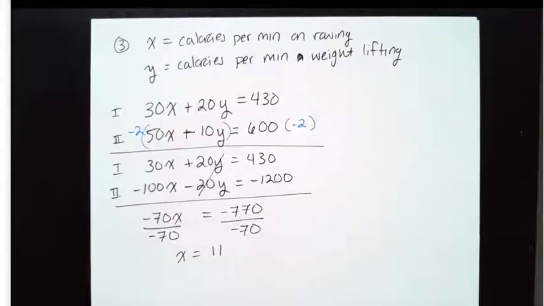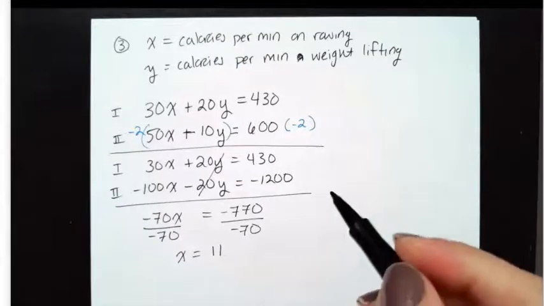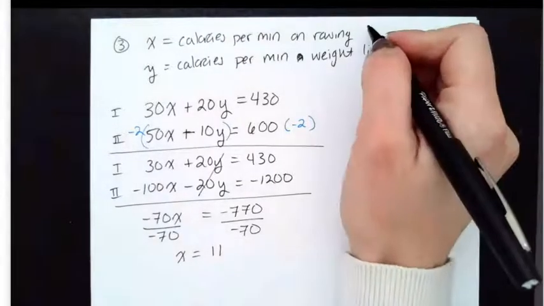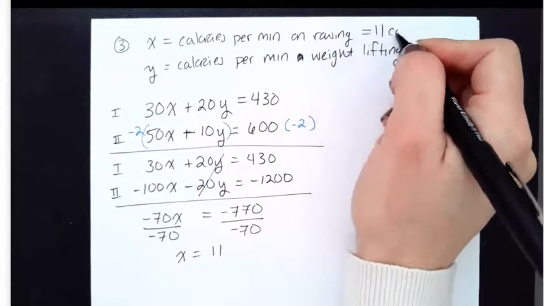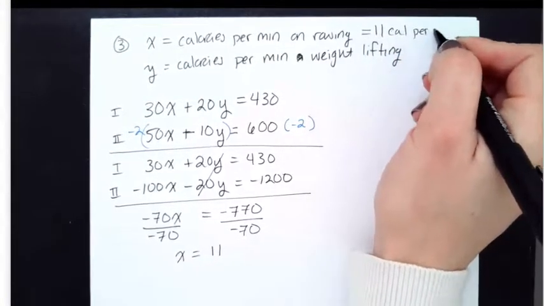Now, if I'm thinking about reasonableness, remember that we would expect our answer to be positive in this case, so make sure that your answer does agree with that. So x is the number of calories per minute rowing, so it's 11 calories per minute.